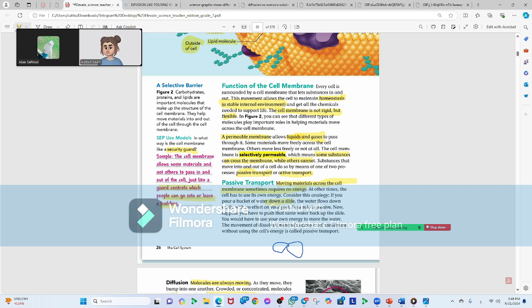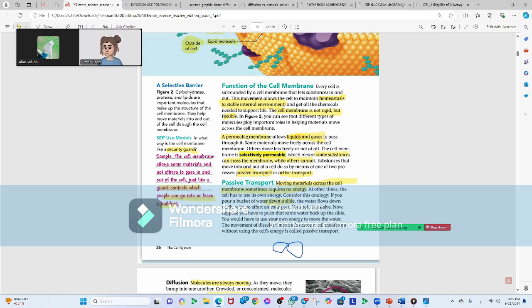And what about active transport? It's the opposite. Active transport is when the cell membrane uses energy, like when we have a ball and we want to put it up the slide, we need to use our energy to kick it upward.